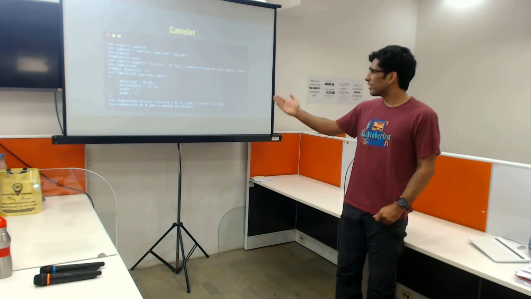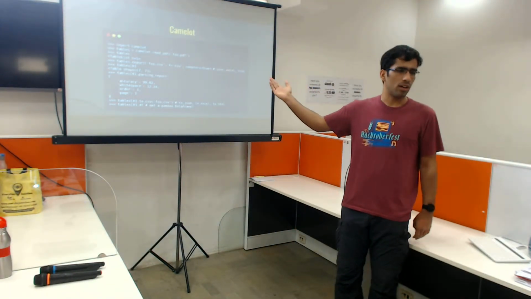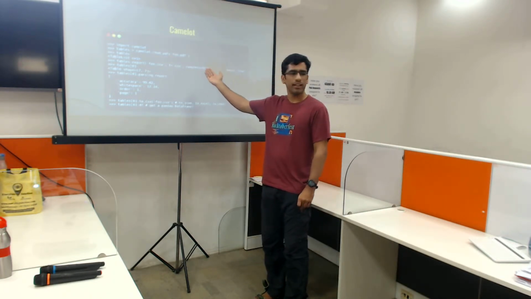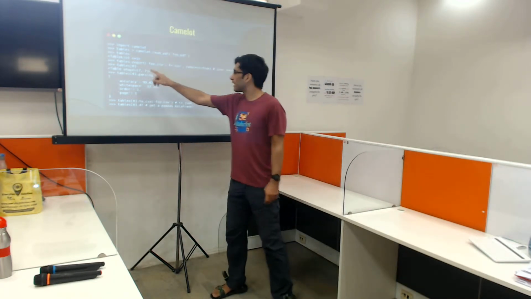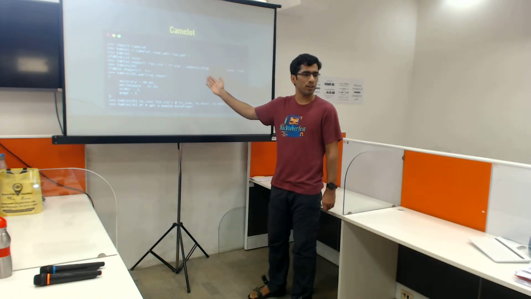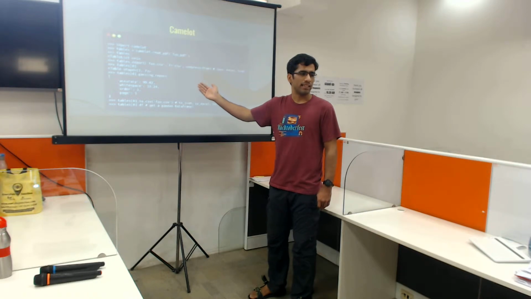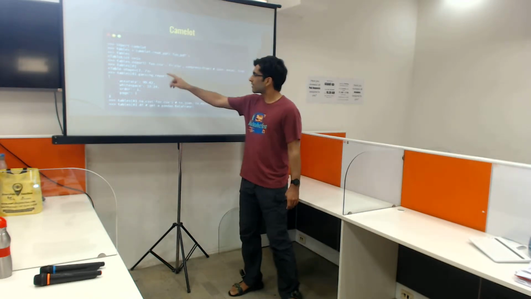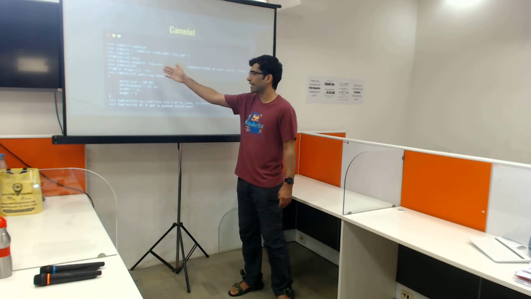So this is a snippet of how you can use Camelot to basically read in a PDF. It's a very simple API, just like Pandas. You get a table list. You can export that table list to any format that you want, which can be a CSV, a JSON, HTML, or an Excel file. And you can access each table using indexes.